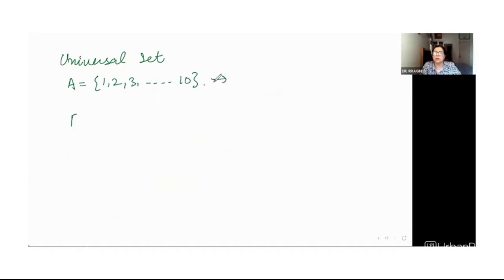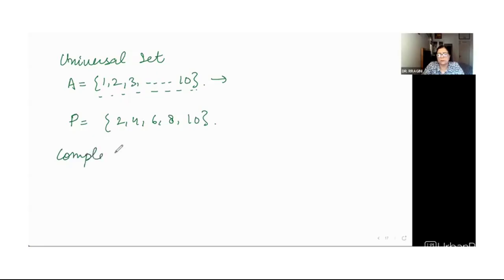That means we can have further partitions of this set. Or this is the set which we are concerned about in the given question. And if we have a further set P, which has 2, 4, 6, 8, and 10.